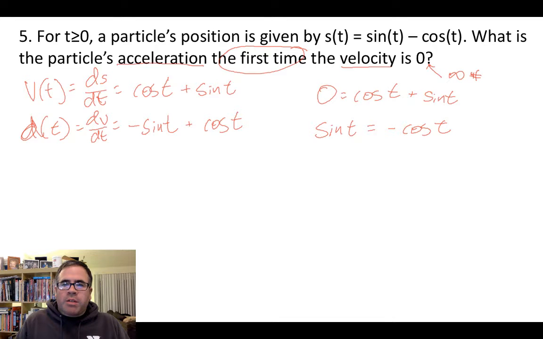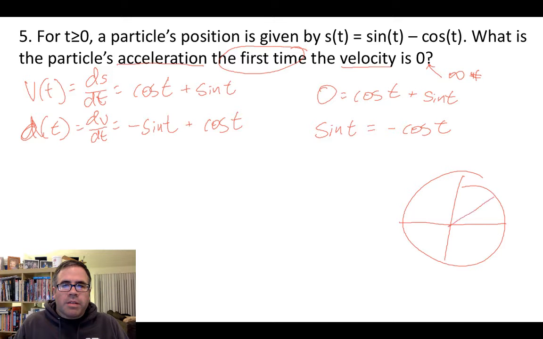If we think back to our unit circle, the times when sine and cosine are equal in magnitude is at the pi over 4s. So pi over 4, 3 pi over 4, 5 pi over 4, 7 pi over 4. The first time when they're equal in magnitude, but opposite in sign, is here, over at 3 pi over 4. That is our t.